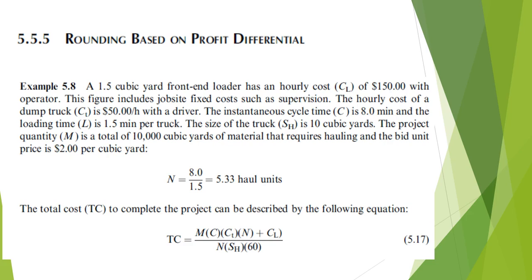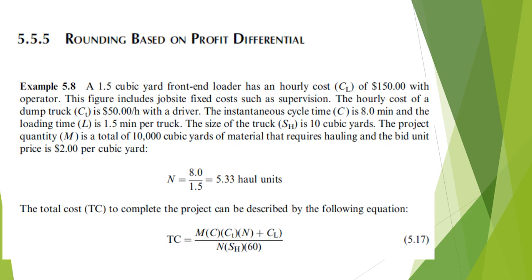Now, where the difference becomes important is, depending on the cost of the equipment that you have, that difference in productivity and how much time equipment waits or sits, that's what we're really interested in. So if we carry on our analysis another step, and that's what example 5.8 does, we have a 1.5 cubic yard front end loader, and it has an hourly cost of $150 with the operator, so that's the machine and the operator.